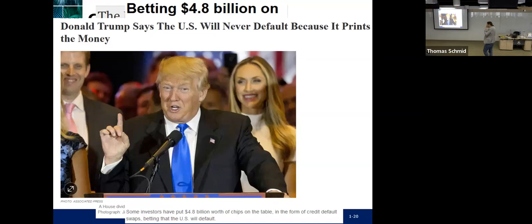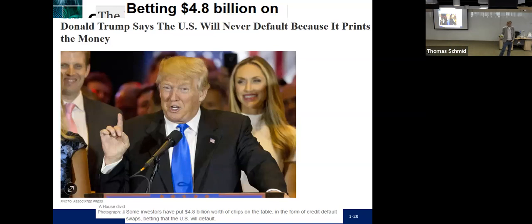So the only negative consequence from default, more or less, for countries is that investors are upset and not willing to lend them money anymore. But even that, historically, goes away over time. Investors tend to forget, and a couple of years later they say, oh, probably we should lend money to Argentina again.